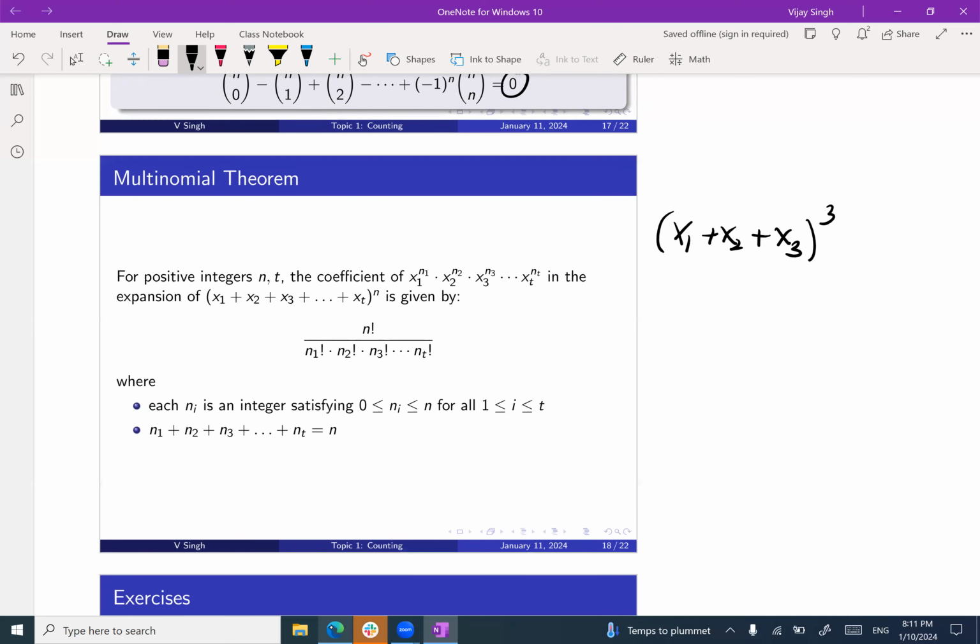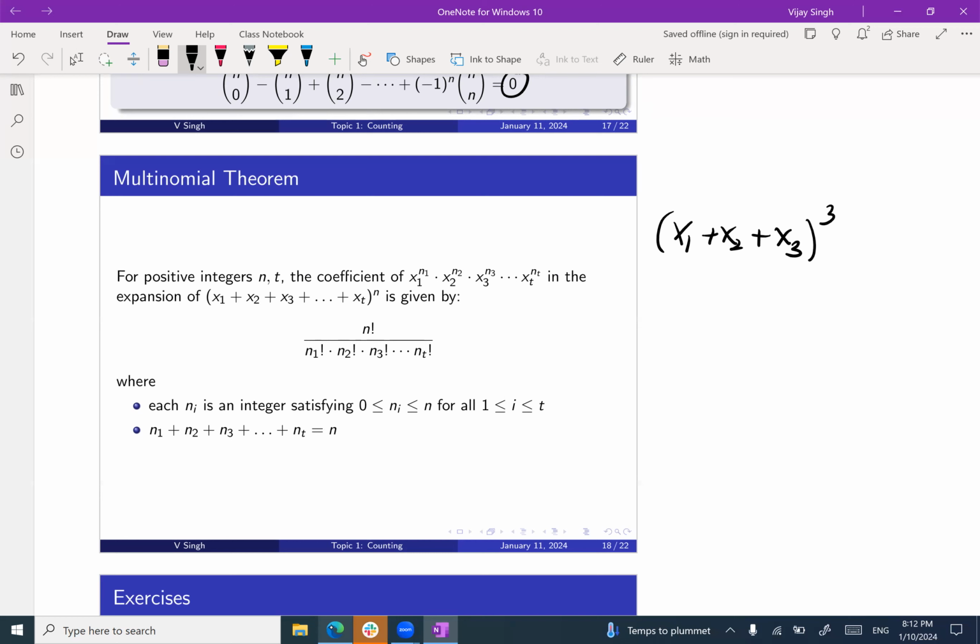If I want to take power 3 of this, multi means anything more than 2, more than or equal to 2. Even two is multi as well. So if I have a multinomial theorem, instead of x1 plus x2 to the power 3, if I have 3 variables, then I want to know the expansion of it.